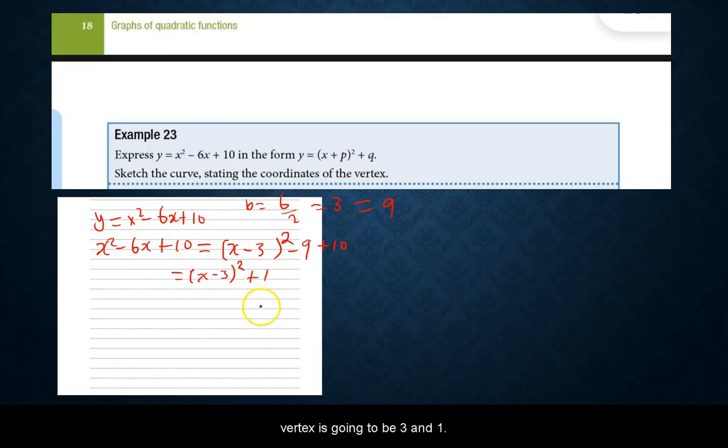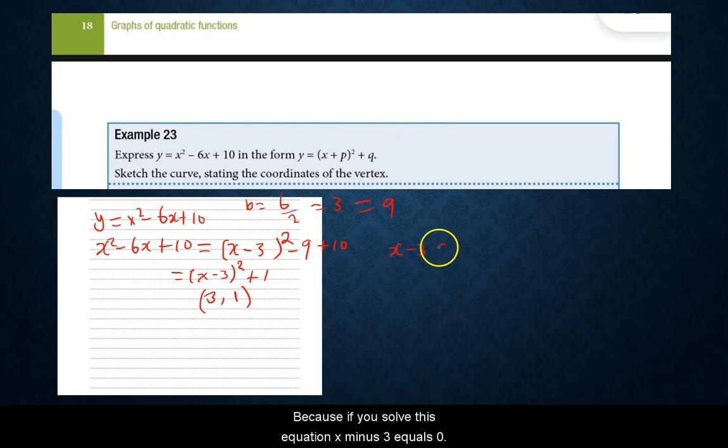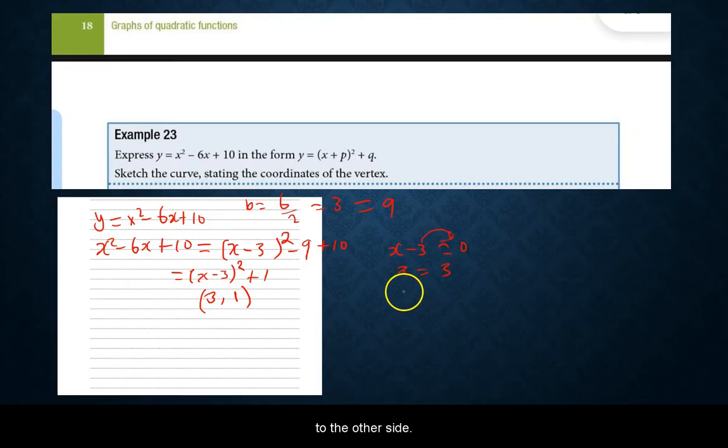The coordinate of the vertex is going to be 3 and 1. Because if you solve this equation, x minus 3 equals 0, x here is going to be positive 3 when you take negative 3 to the other side. So the coordinate of this vertex is 3 and 1.